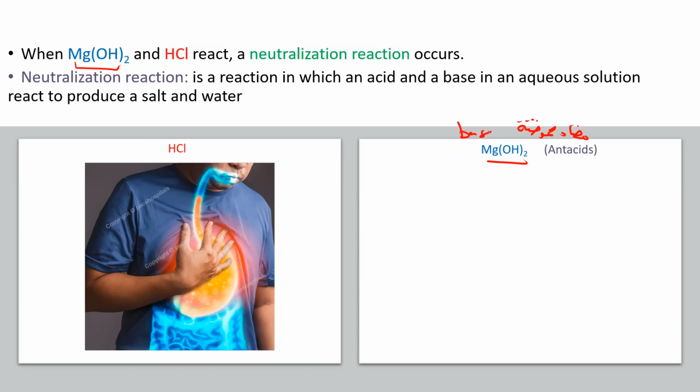This is a base, and the acid causing the burning is HCl. They will react together, and this reaction will be a neutralization reaction. It's a reaction in which an acid and a base in aqueous solution, state AQ, react to produce salt and water, so the heartburn is relieved.